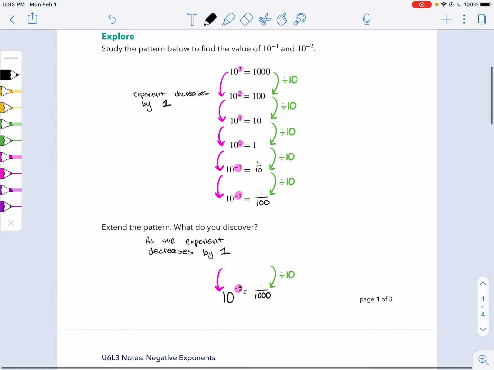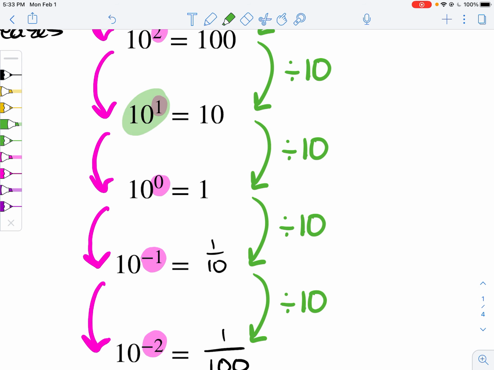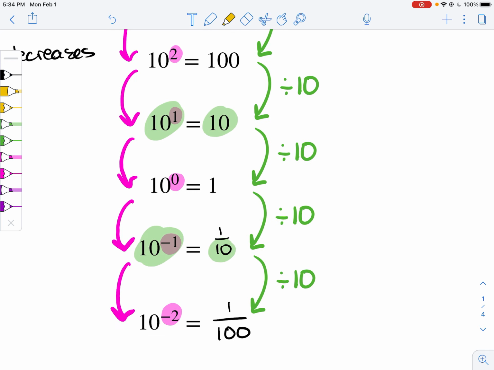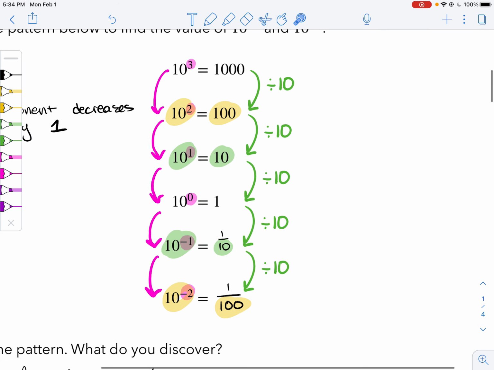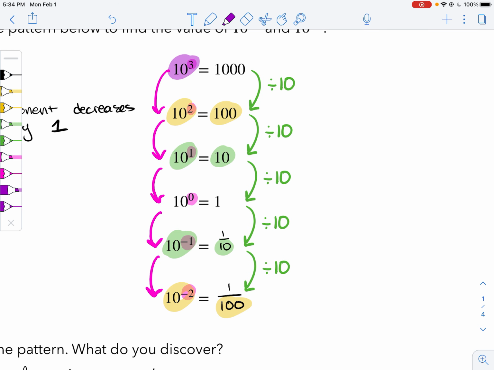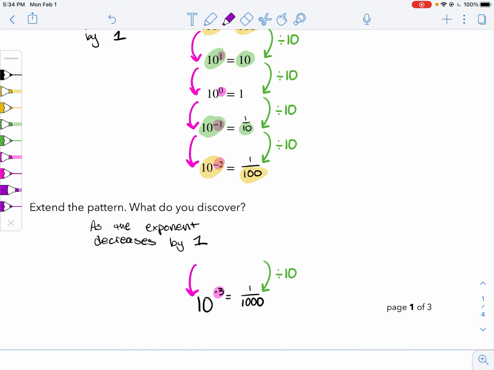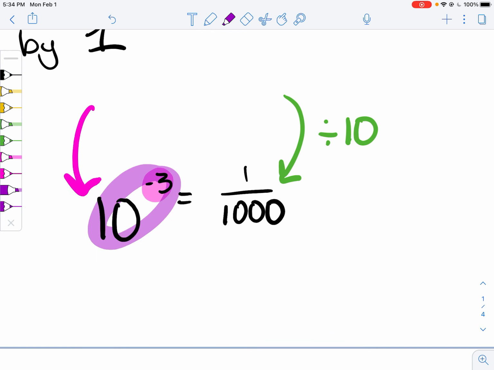Also, check out this pattern. 10 to the 1st is 10, and 10 to the -1st is 1/10. That is no coincidence. 10 squared is 100, but 10 to the -2 is 1/100. That same pattern continues. 10 cubed is 1,000, and 10 to the -3rd power is 1/1000.